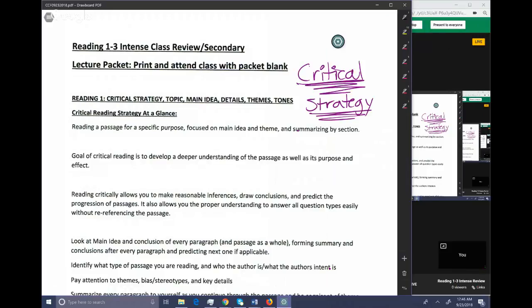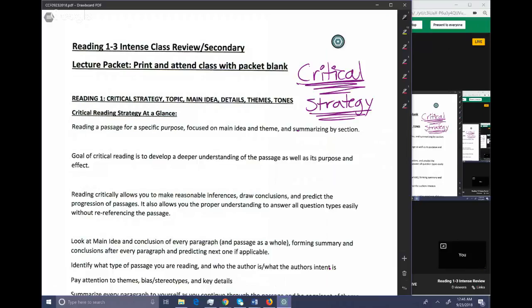Critical strategy requires an exceptional amount of practice for you to be good at it. And so that's where the non-negotiable piece of it is. You have to have critical strategy to be at your maximum effectiveness on the reading test.